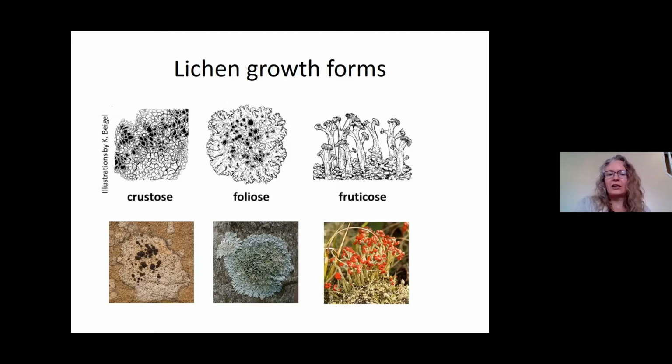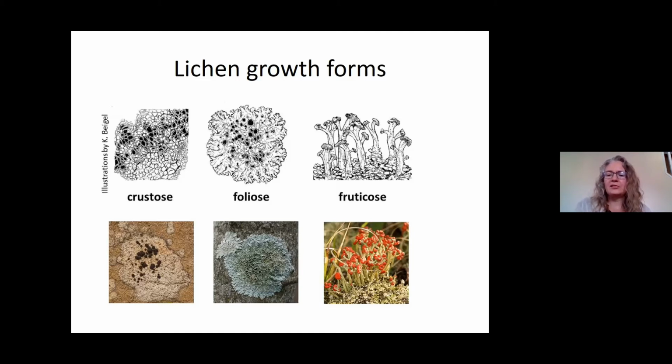So the ones that we're looking at here in the center of the screen, they're about as big as my hand, and they're like a piece of paper on a branch, or a piece of paper kind of on the rock. They've got some 3D structure. You can maybe imagine you could put your fingernail under the edge and kind of lift it off a little bit. So the foliose lichens are supposed to look a little bit leaf-like, so folio, like leaf.